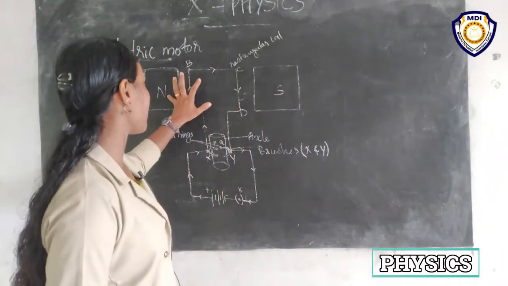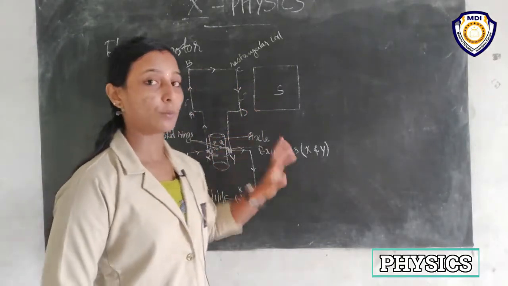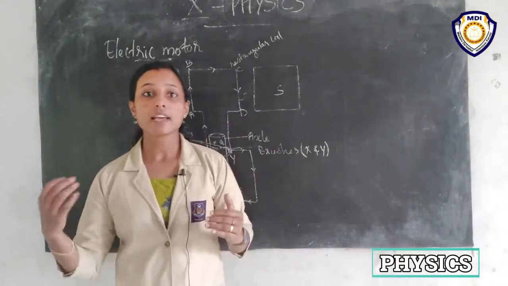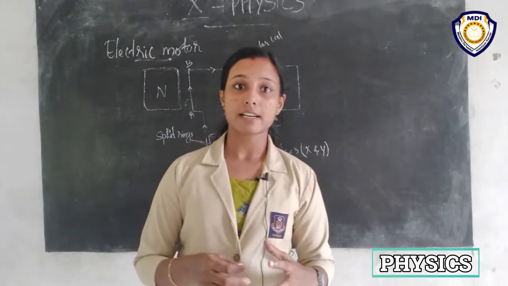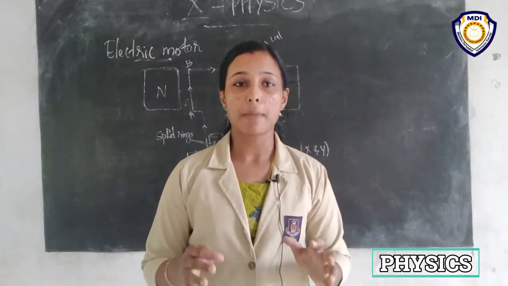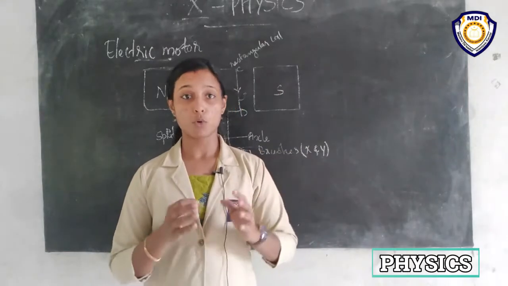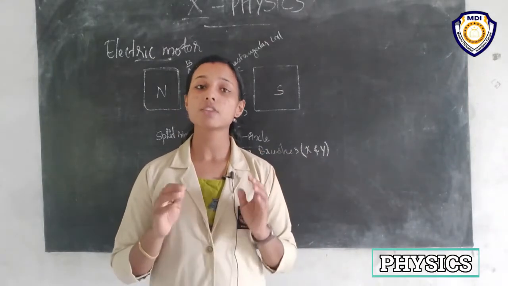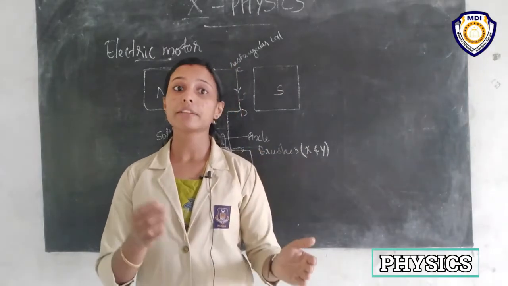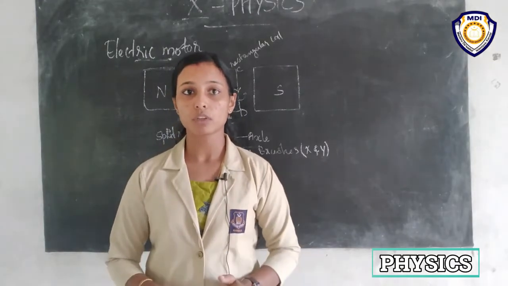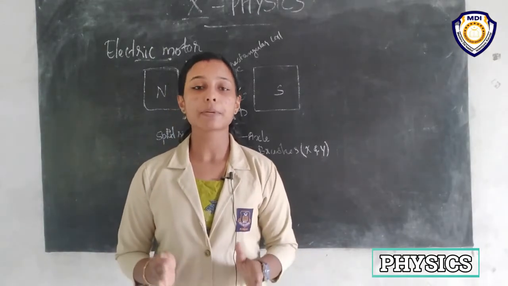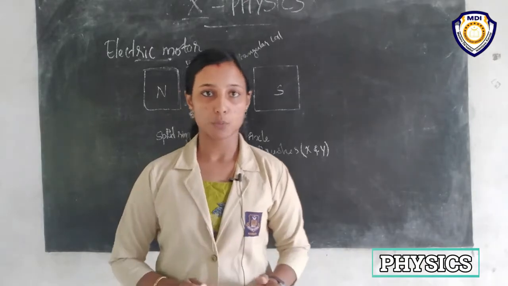Here we have a north pole and a south pole, and we know whenever a current carrying conductor is placed in a magnetic field, what happens? It experiences a force, right? That force makes it move. So that is the basic principle behind this electric motor.